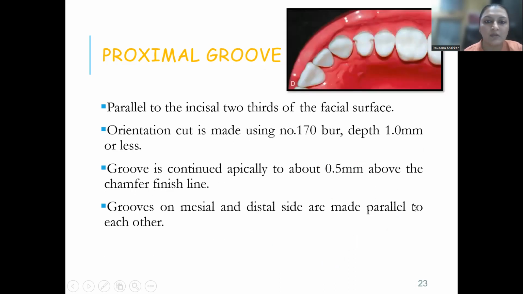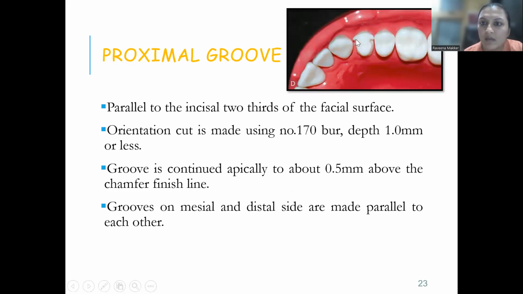Then is the proximal groove. The groove is placed parallel to the incisal 2/3 of the facial surface. An orientation cut is made using a number 170 burr with a depth of 1 mm or less. Then the groove is continued apically to about 0.5 mm above the chamfer finish line. And grooves on the mesial and distal side are made parallel to each other.